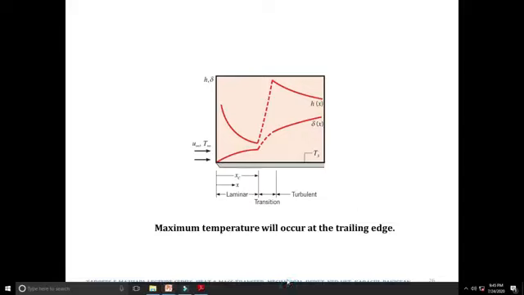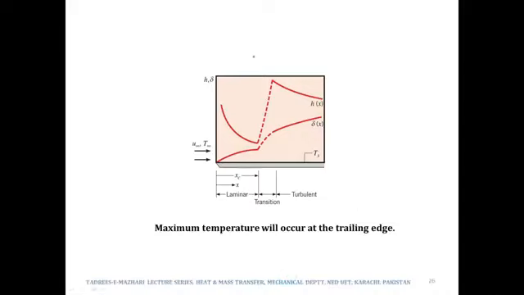So what is happening over here is that this plate will end over here, and this portion does not exist anymore. So we are looking till this point only, where the flow is entirely laminar over the whole plate. Therefore h would have its minimum value at the trailing edge, at the point where the plate ends. Therefore Ts would be maximum at the trailing edge.